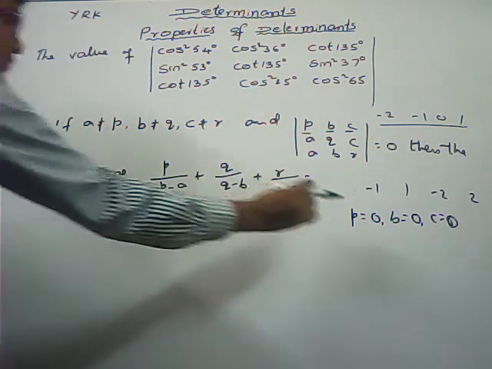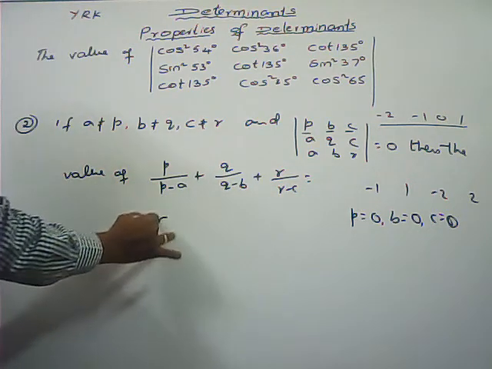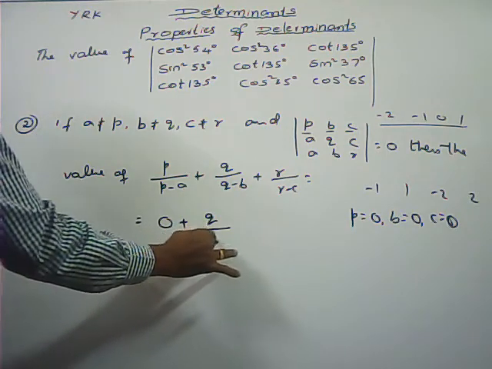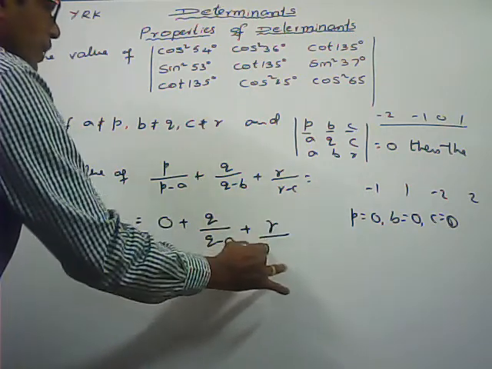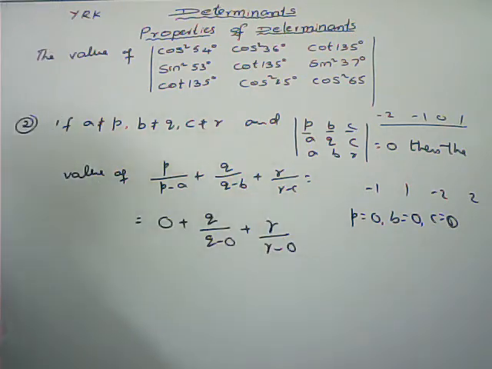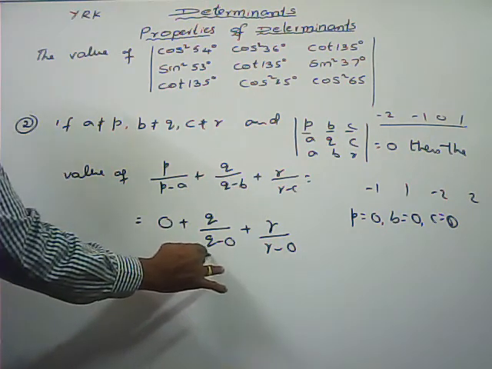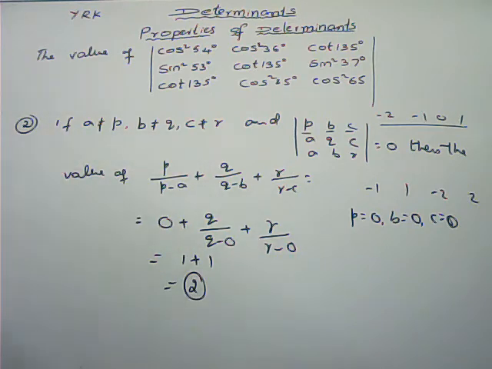So the same values I am substituting here. P by P minus A, 0 by anything is 0, plus Q by Q minus B, with B taken as 0, plus R by R minus C, with C also taken as 0. Q by Q is 1, plus R by R is 1, 1 plus 1 is 2. The fourth option is the correct one.